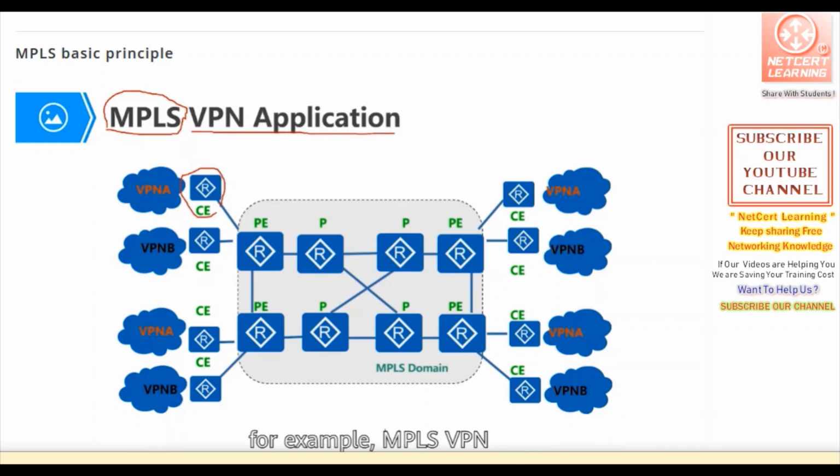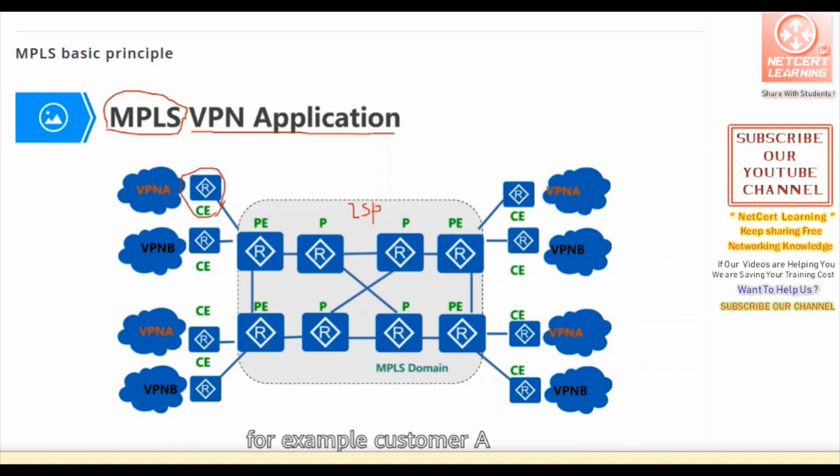For example, MPLS VPN. This MPLS domain is usually the ISP. In the ISP, we have different customers, and these customers have the requirement to communicate with their remote sites.